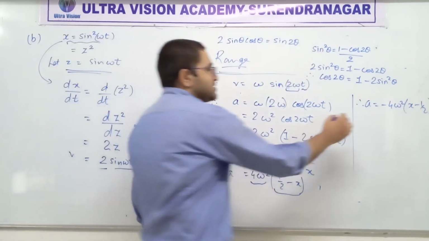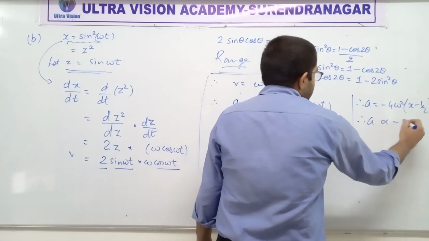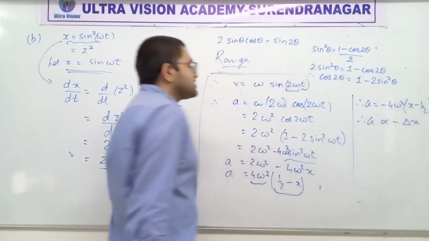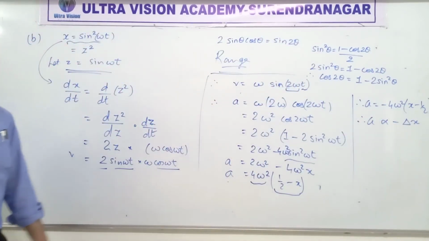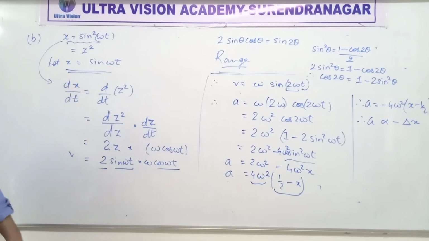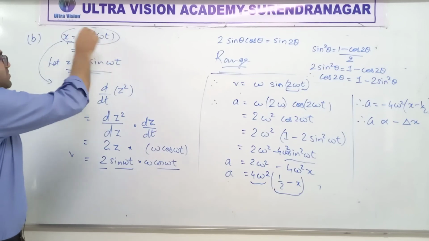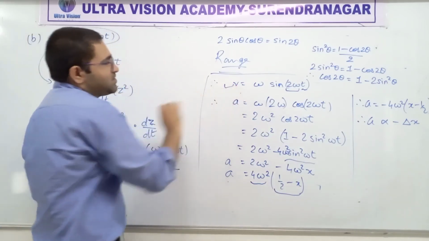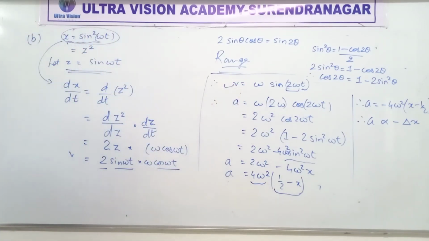So finally we have got a proportional to minus delta x. This is a bit more mathematically involved, especially if you have to do the chain rule. But math students will learn the chain rule in 12, then you will be able to go from here to here in a single step. So this is the second method.